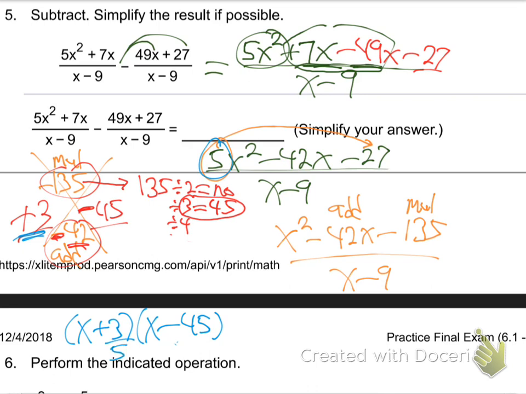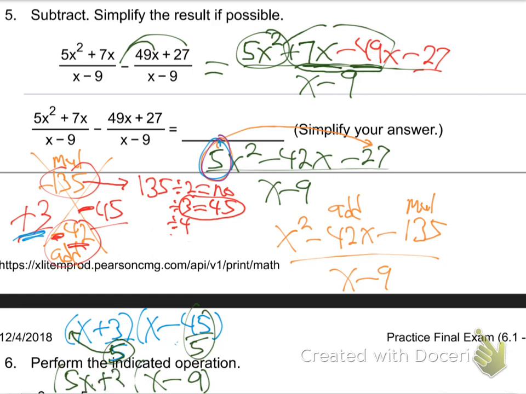Here, I'll change the color just so you remember. Got to divide by this 5. So we divide by 5, divide by 5. Now, if it divides, like that one divides, then you just do it, x minus 9. This one doesn't divide, so it slides back to the front. 5x plus 3. You see that?